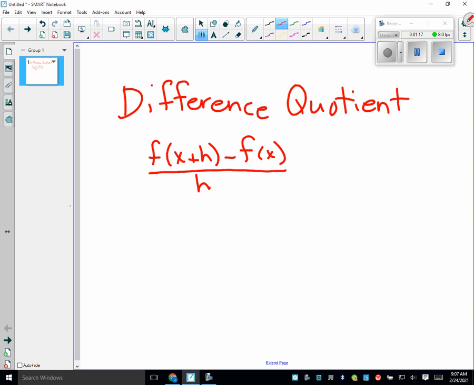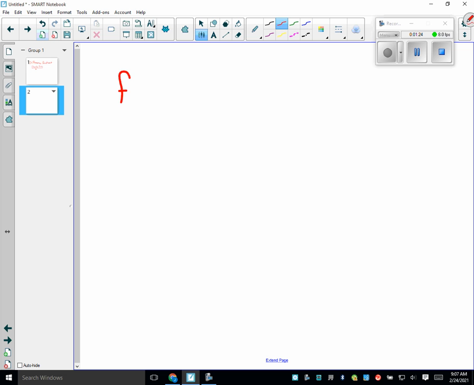Are you ready? Okay. If I tell you f of x is 5x plus 9, find the difference quotient. Okay, the first thing says f of x plus h, doesn't it? Which means I go to my equation, everywhere there's an x, I put x plus h. All right?